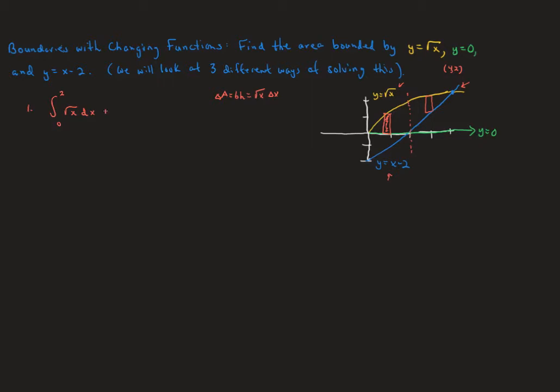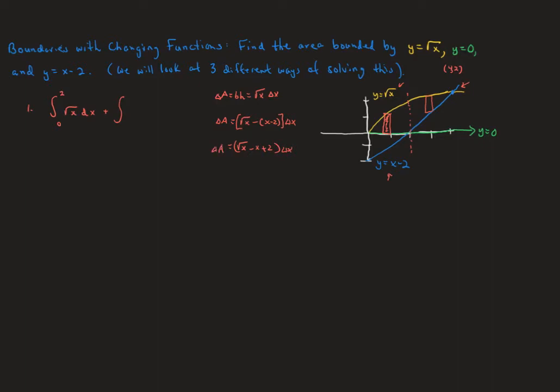Then, on the second region, we're going to get a second integral because now we have, again, our delta area is going to be the top curve, which is again going to be square root of x, but this time minus the bottom curve, minus that x minus 2, so that top curve minus bottom curve is going to be our height of that rectangle, and the delta x will still be the base, and so that looks like it's going to be square root of x minus x plus 2 times delta x for the area of that one rectangle.